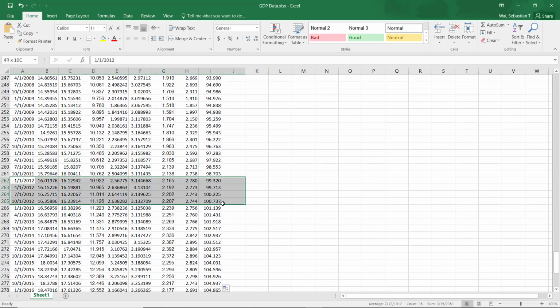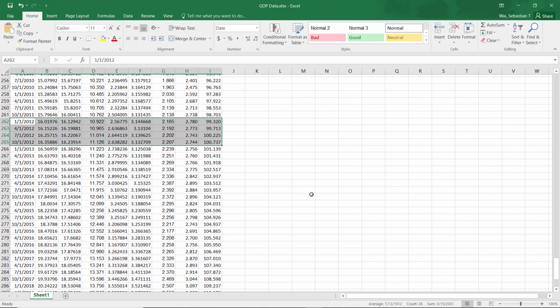Right here in 2012, which I've highlighted, we can see that the numbers cross over from below 100 to above 100. Since 2012 is the base year and our data is in quarters, there's no single quarter where the GDP deflator is exactly 100, but it crosses over about halfway through that year. If we were using annual data, then 2012 would have a deflator of exactly 100.